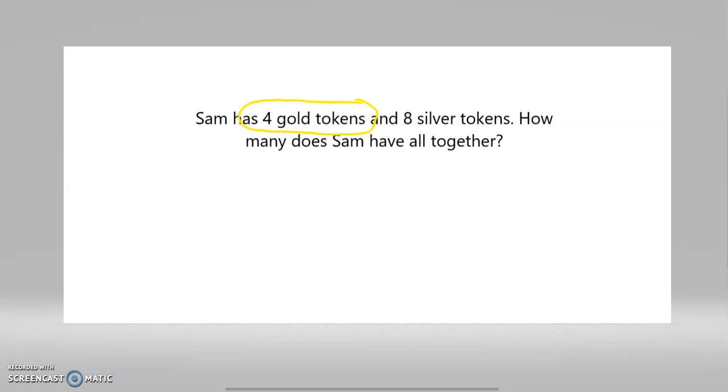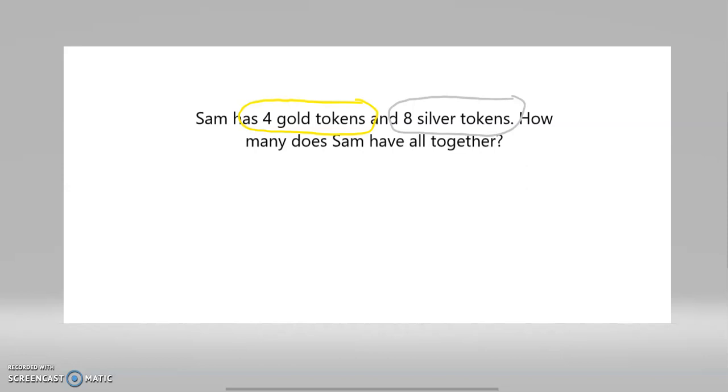So we've circled our 4 gold tokens, and Sam also has 8 silver tokens. I'm also going to circle that. Again, there's a number, the number 8. That's going to be an important piece of information that we're going to need. How many does Sam have all together?